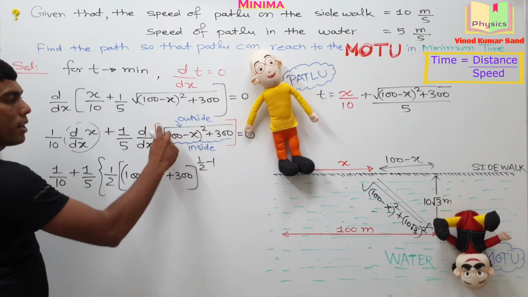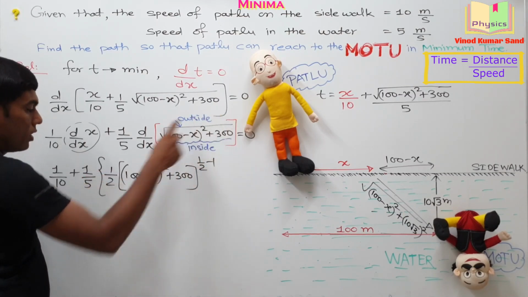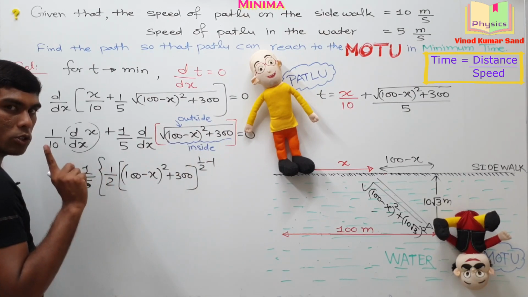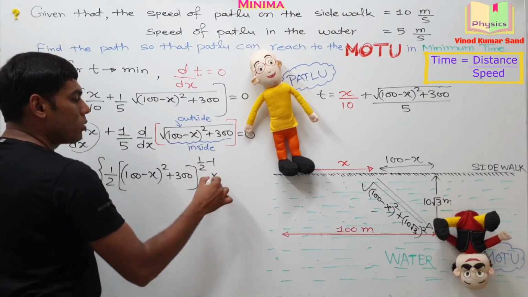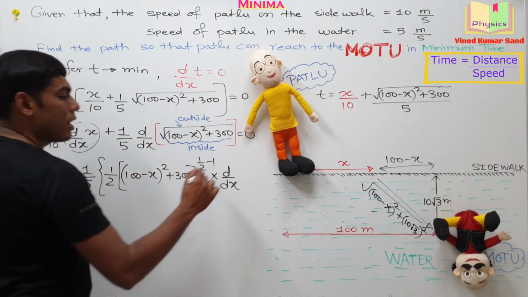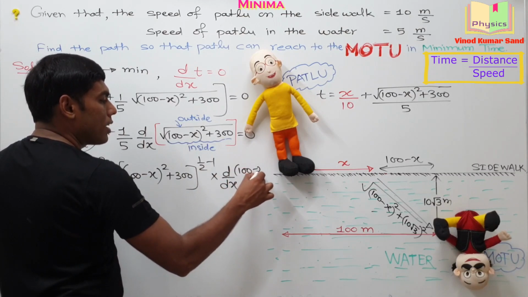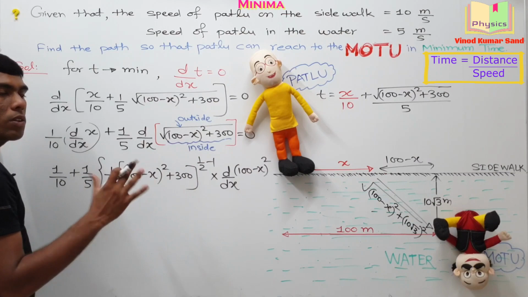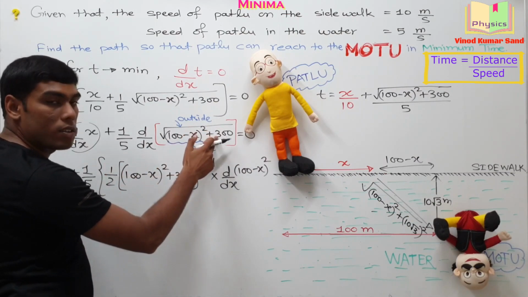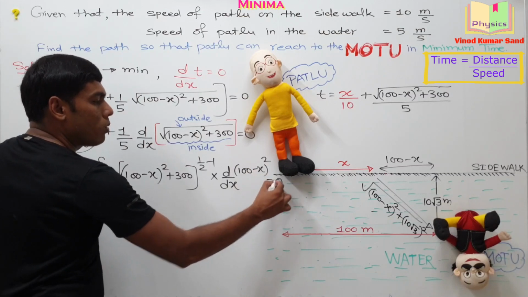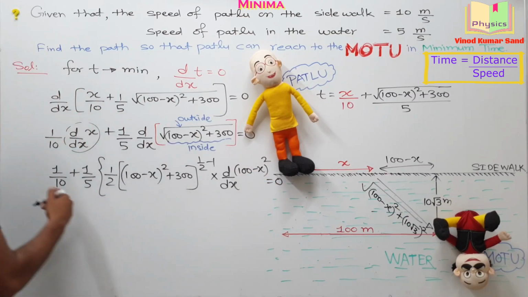See, this bracket had the power half, so half comes here and then this quantity to power half minus 1. Differentiation of power has been done into d by dx of the inside function. Inside function is (100 minus x) whole square plus 300; differentiation of 300 will become 0 because 300 is a constant, so I am not writing that. This all must be equal to 0.